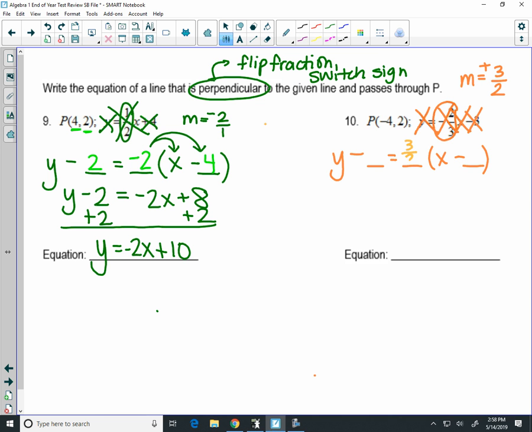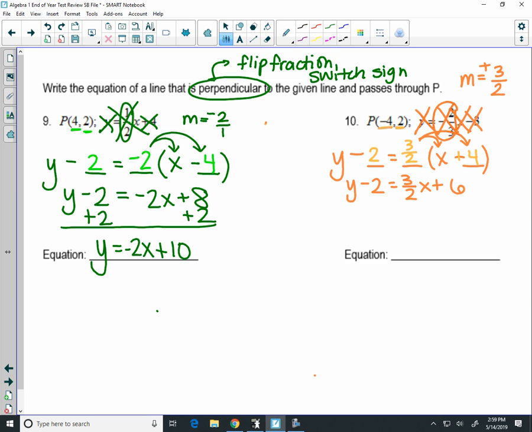3/2 goes in my middle blank. X goes by x. I'm going to go ahead and make it a +4. Y goes by y. Three halves times x is 3/2 x. 3/2 times 4. 3 times 4 is 12. Divided by 2 is 6.